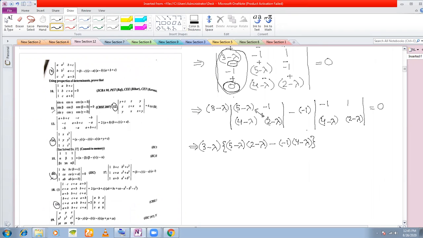Okay, and this becomes your minus minus becomes a plus, and again you have this into this, minus 1 into this, so you get minus 1 into 2 minus lambda, minus 1 into 4 minus lambda.